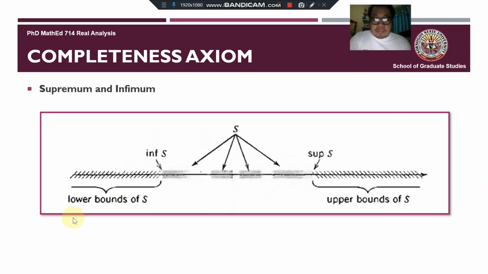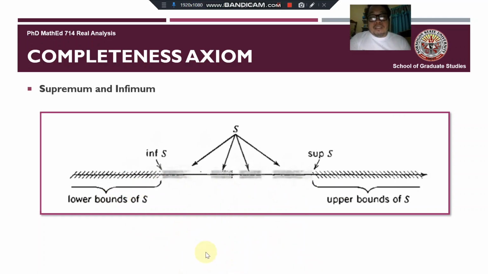While the lower bounds of S are located on the left side, which starts with the infimum of S up to the values on the left side, or to negative infinity, if that will be put on the real number line.